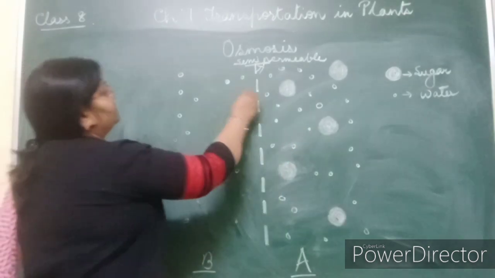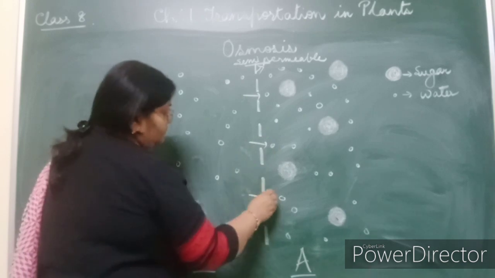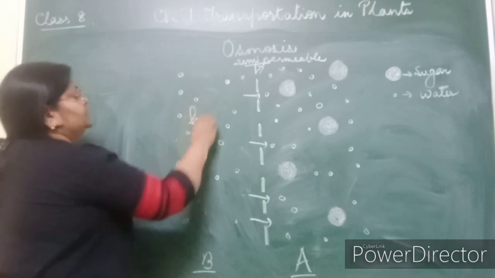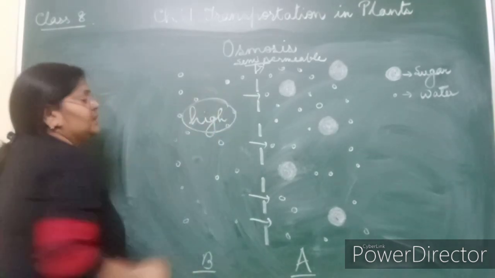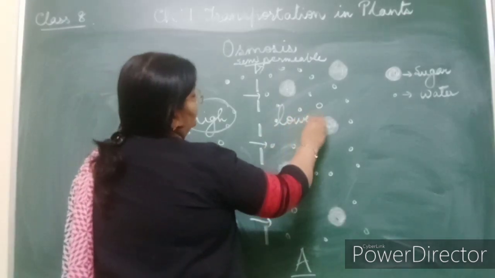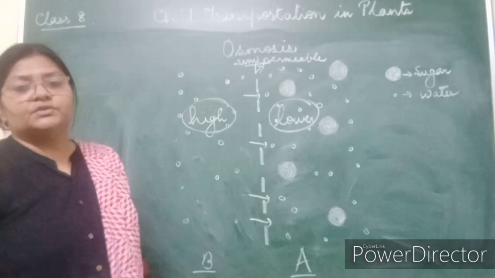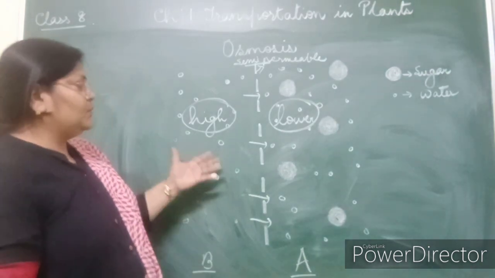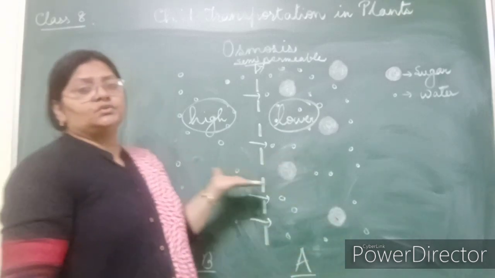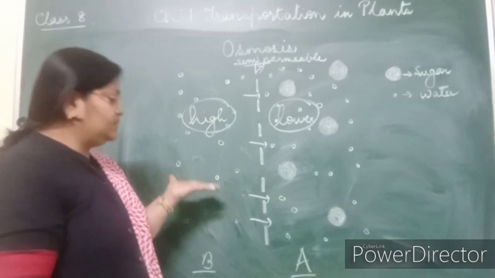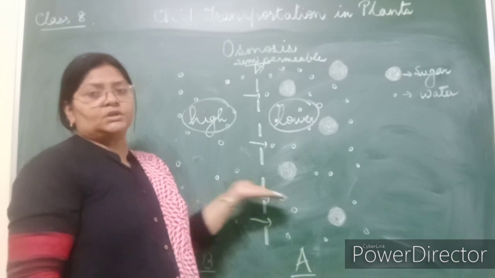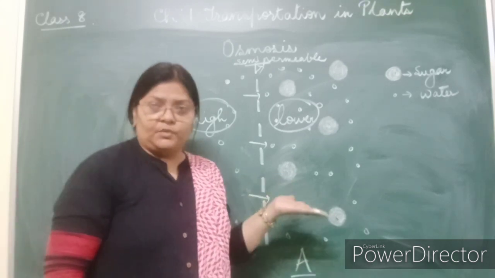It is because the water molecules, through the semi-permeable membrane, move from a region of higher concentration to a region of lower concentration with regard to water. As water was at high concentration on side B and at a lower concentration on side A, we see the water molecules move from side B to side A till the concentration of water on both sides is equal.